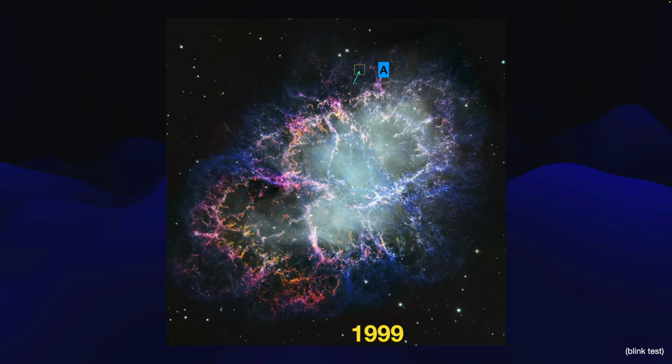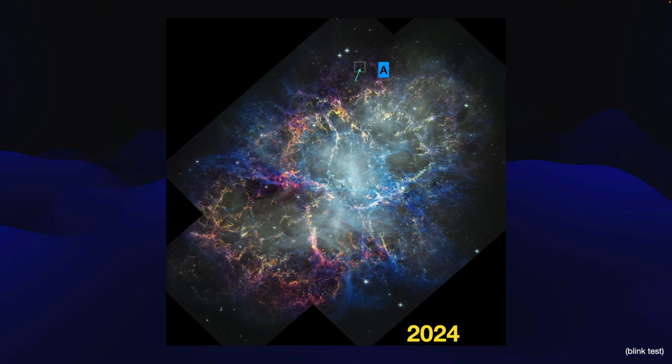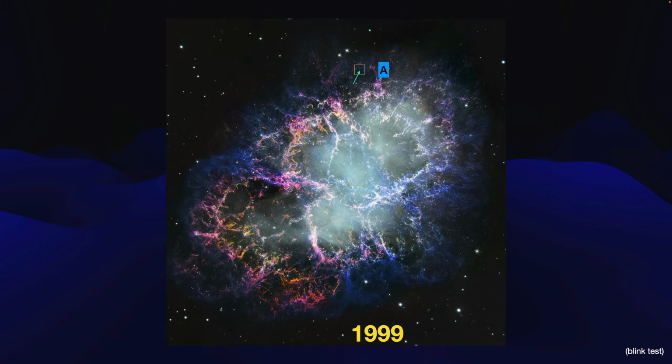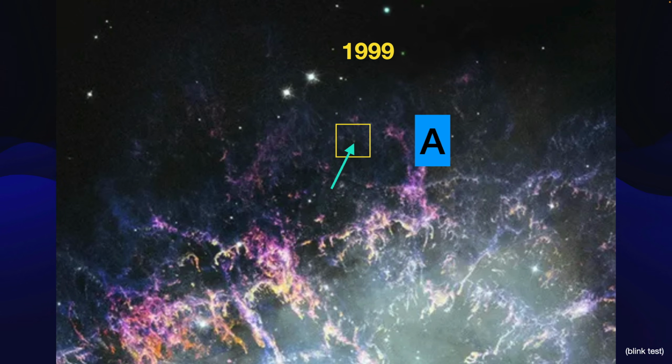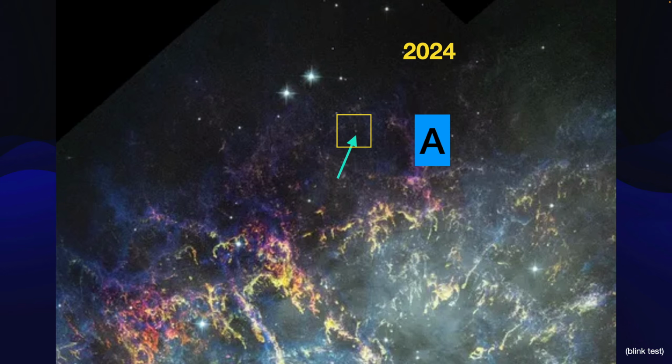So it doesn't look like there's much there, but I really just wanted to find a single pixel that I can zoom in on. So I'm just labeling that A, and then in 2024, you can kind of see that one little pixel, it is moving. The background stars are not moving. So we're just going to analyze that. There that is.